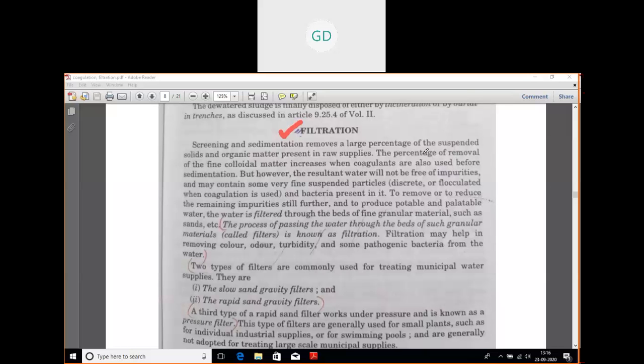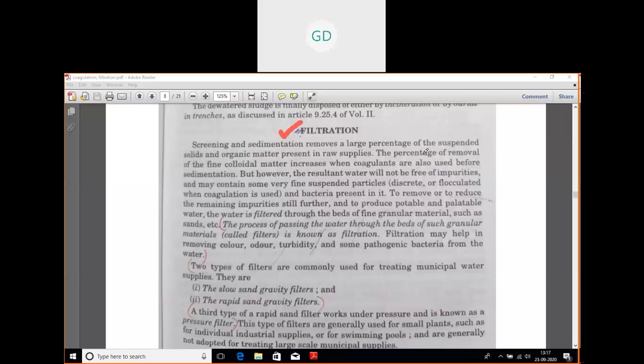So basically, you might ask me, ma'am, if plain sedimentation is done and after that sedimentation aided with coagulation is done, and you already told that the very minute suspended particles that remain floating in the water settle down in the sedimentation tank by adding coagulants, is that the end of the treatment process?